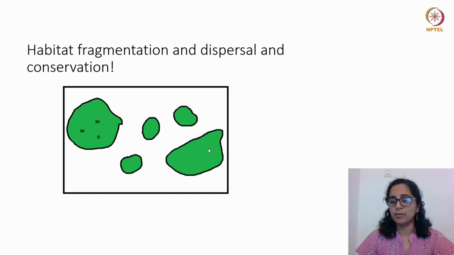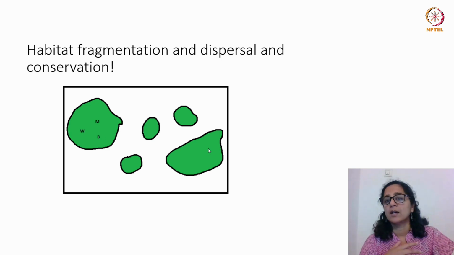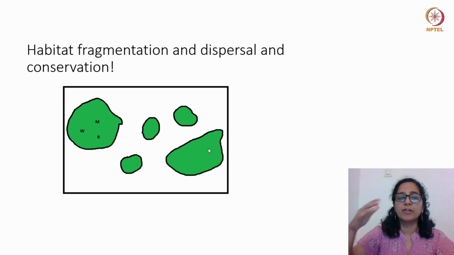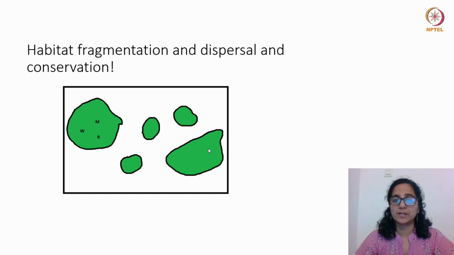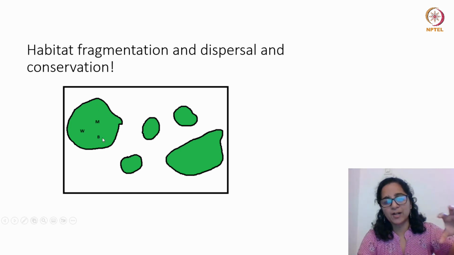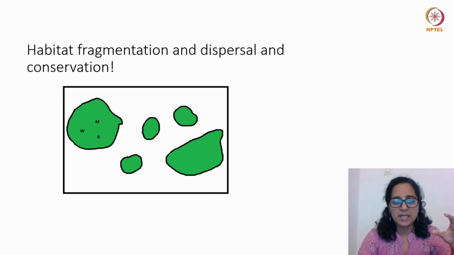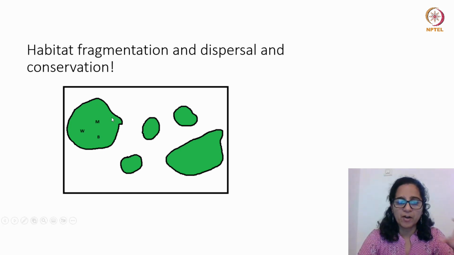That means that if you look at any forest, it's very, very difficult to find a continuous forest where animals can move from one patch to another without any disturbance. So often what we find is, because of logging or because of a road going through the middle or because of various other reasons, forest or tree cover is basically found in patches.